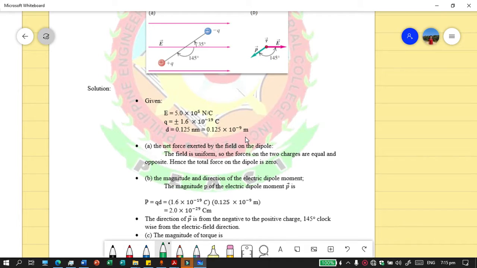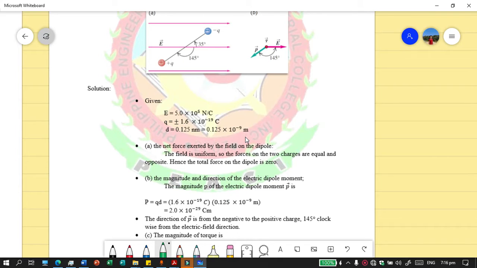So if we calculate the forces between them, the total force on the dipole would be 0. There's no need to show that, because that ends up with what we were expecting, since the electric field is evenly distributed and we have the same amount of charge.